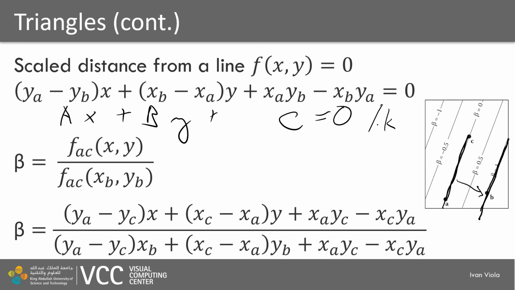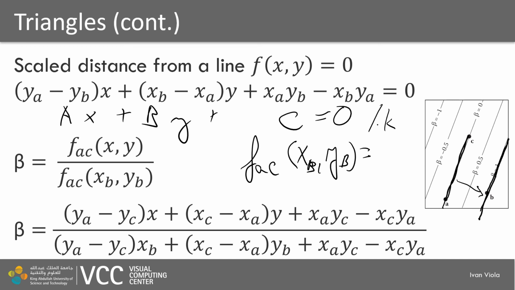So in this implicit representation for the function f(a)(c), we will simply put in the x, b, and y, b coordinates, and it will give us some value.